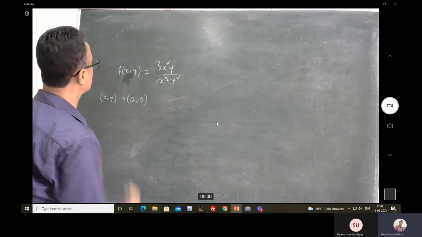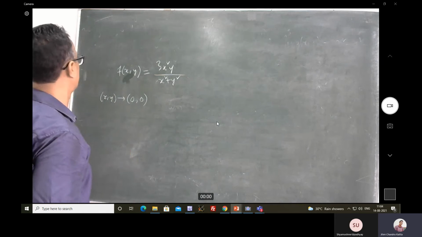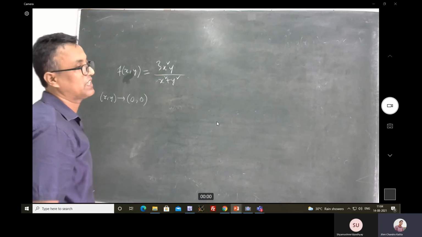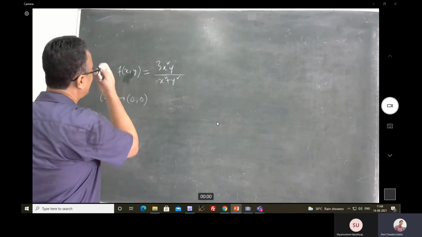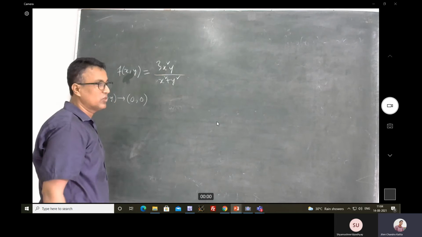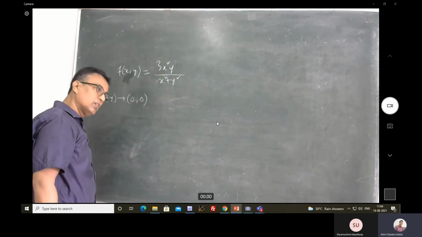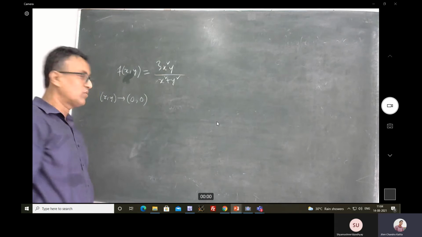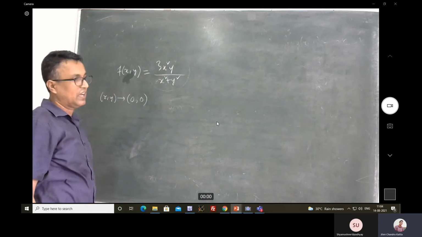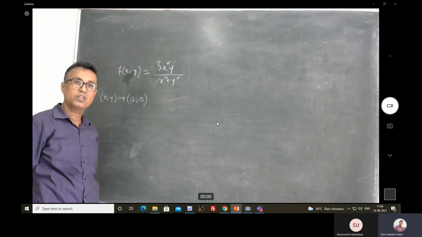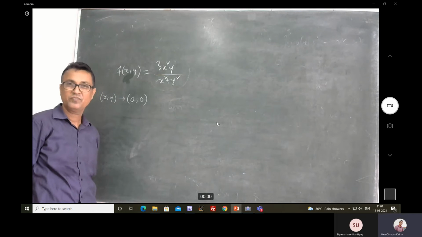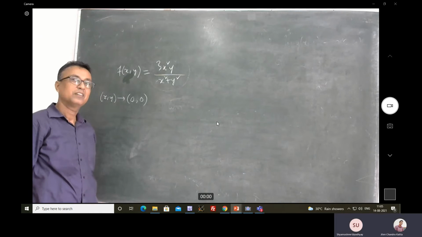Now if you look at this example, and you take those two approaches that we had taken earlier, y equal to mx, or x equal to 0 with y tending to 0, and x tending to 0 with y equal to 0, then you will see all those three approaches are going to give you 0 as the limit. Okay, fine.